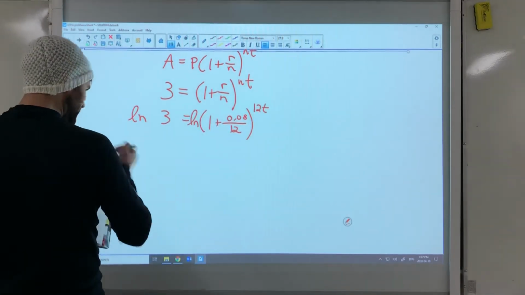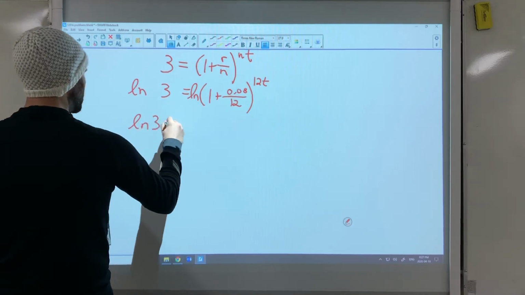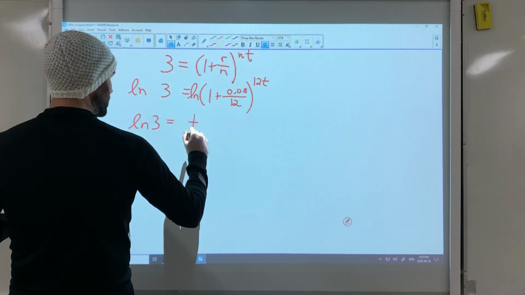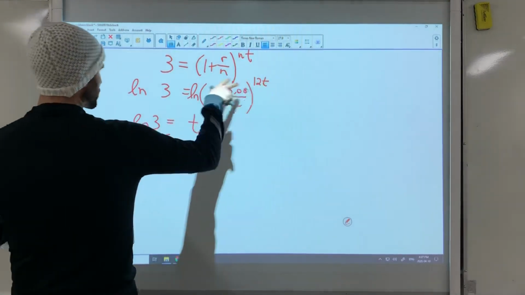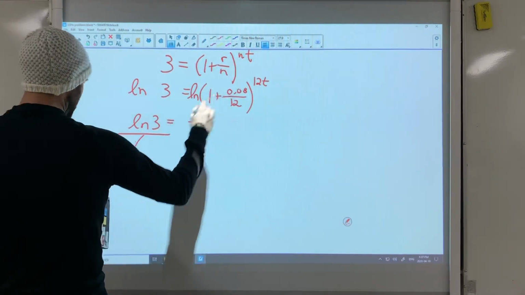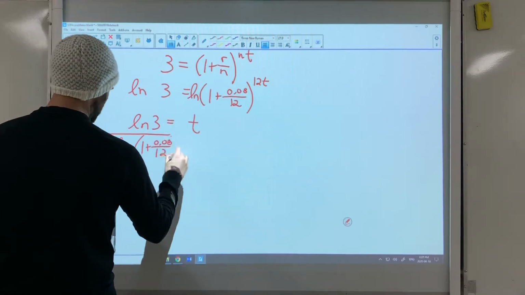Bring that down. At the end of the day, you're going to get ln 3 equals 12t times ln of all this stuff, so t equals ln 3 divided by 12 times ln of all this stuff. Exactly the same process as the other questions.